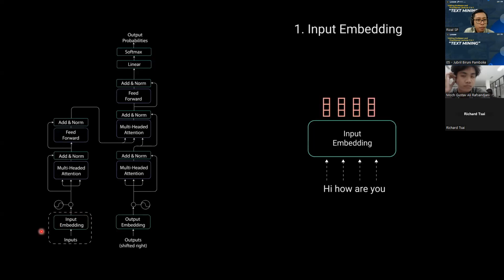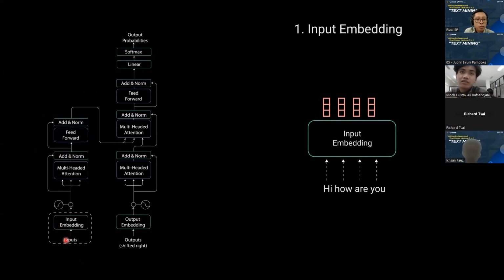Here on the left-hand side, you will find a flowchart of transformers. We will break down the model step by step. The dashed line rectangle highlights the current step.